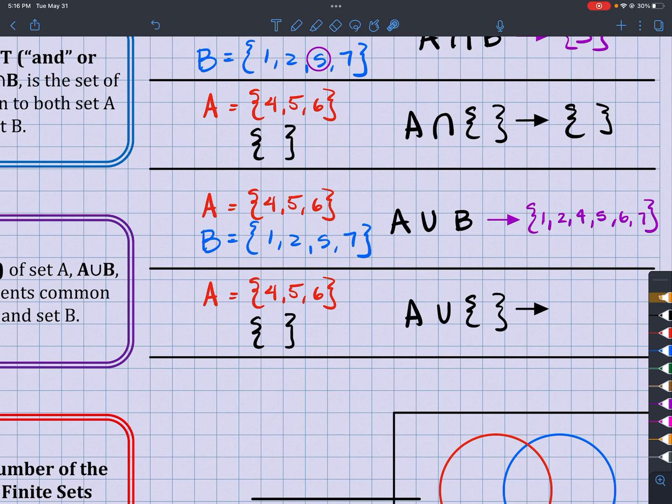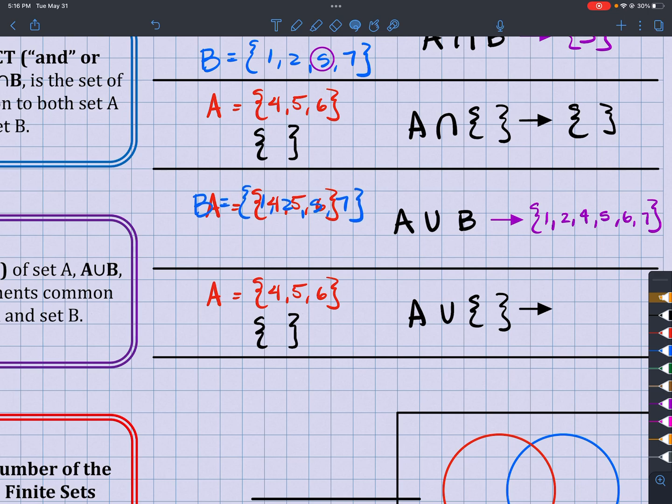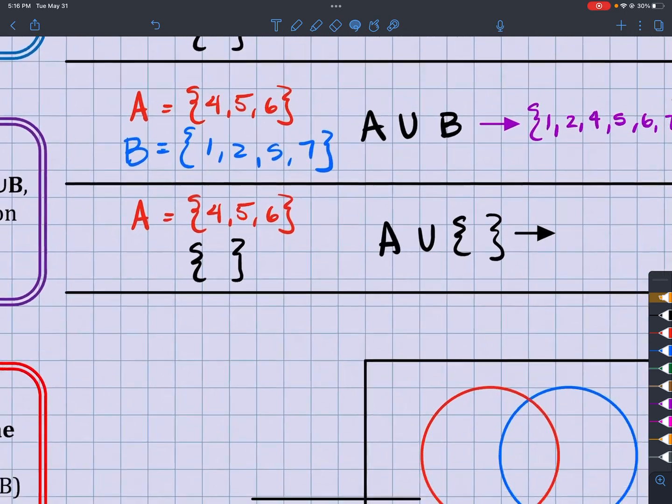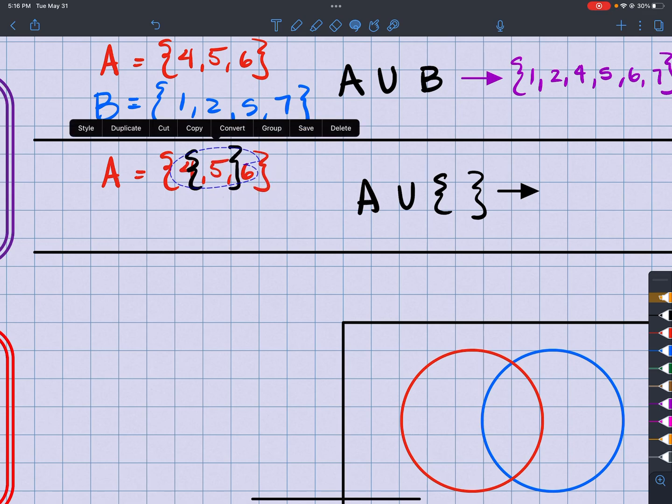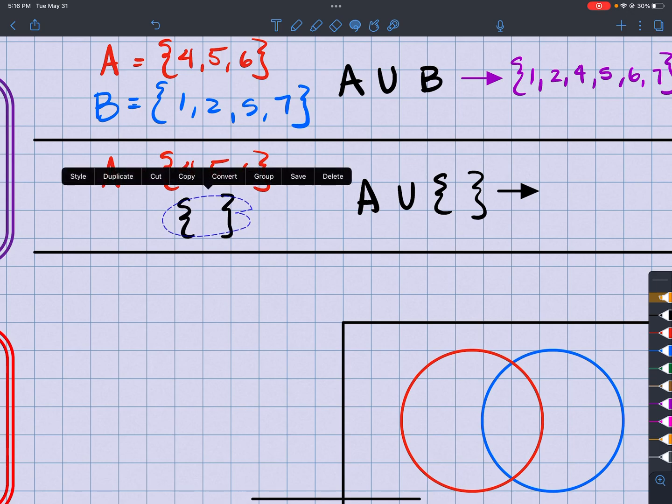So if you look here, you will find them either here or both. Okay? So that's what a union is, the fact that you're combining everything together. You're literally taking this and putting it right in there. All right, so what if we union A and the empty set? If I took this and said, okay, you guys have a planned marriage and you're now together, what would I have if I did a union?